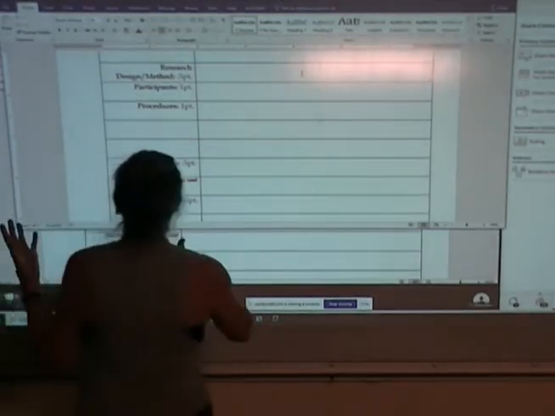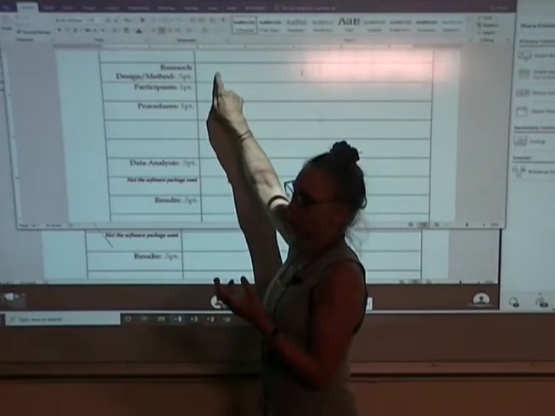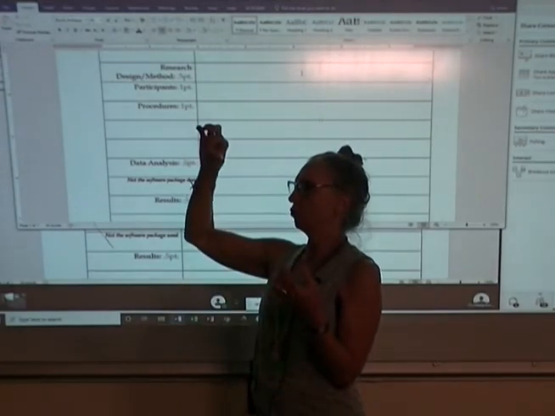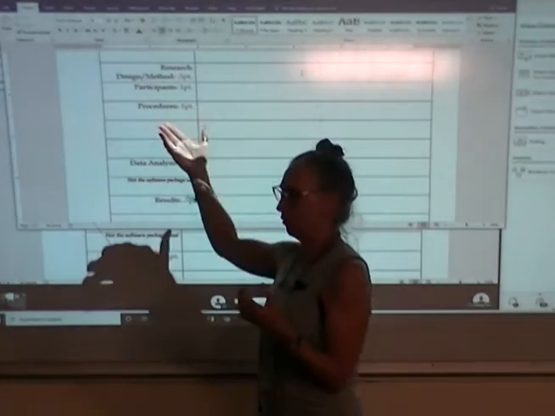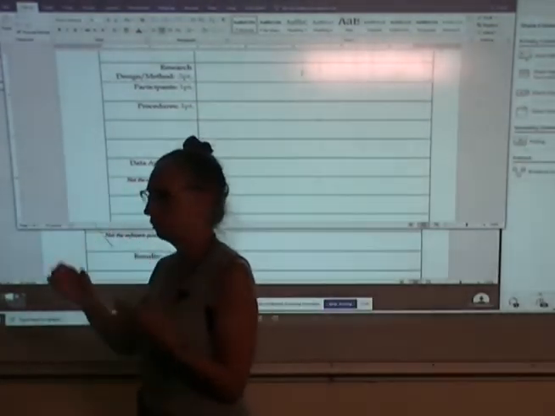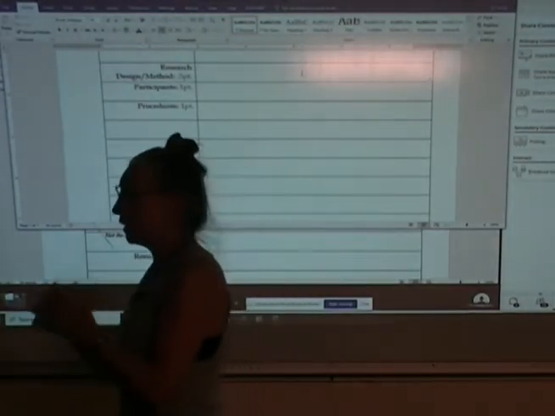Personally, I think this is the hardest box on the template, the research design, which is why it's only 0.5 of a point, right? But it's good practice for you to try to find that and identify what it is.